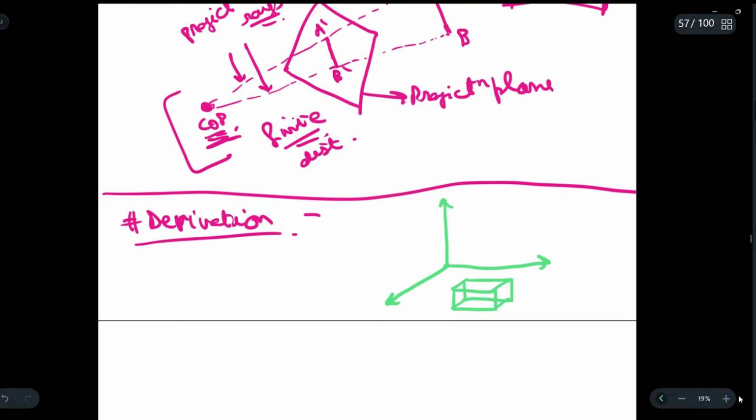Now this is the COP. So we will now be drawing convergent rays towards the COP so that we can do perspective projection.